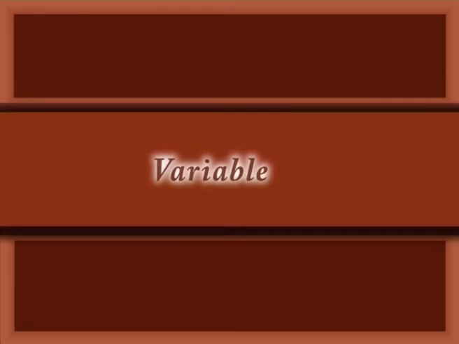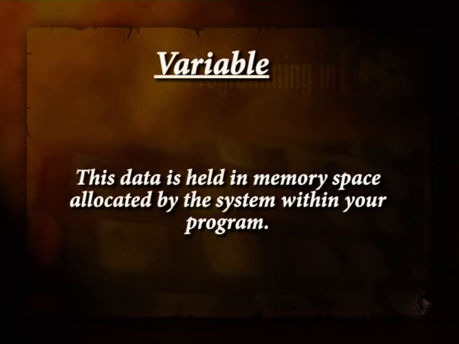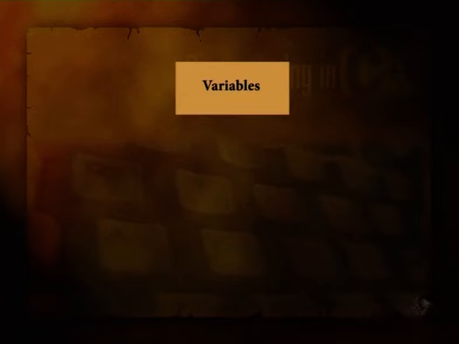Variable. As we human beings remember names of person, places, pictures, etc., computer also remembers certain data during the execution of the program. This data is held in memory space allocated by the system within your program. It is called a variable.